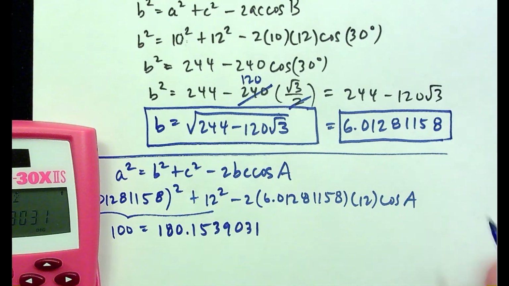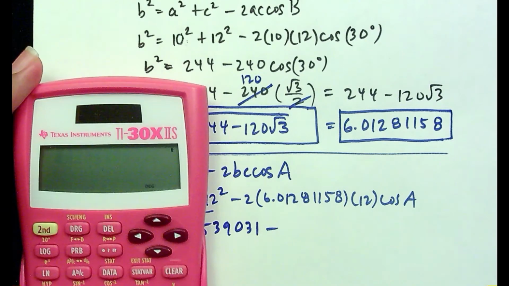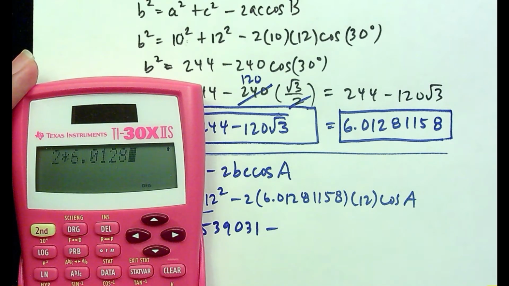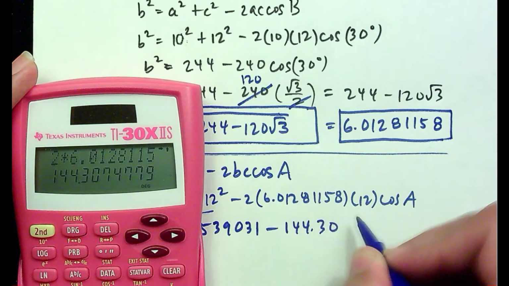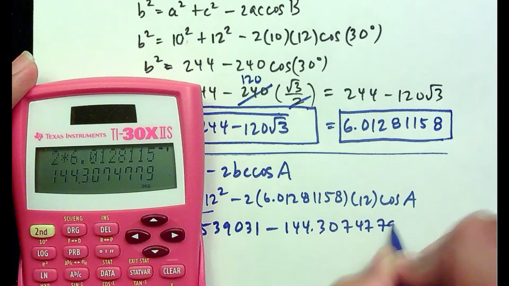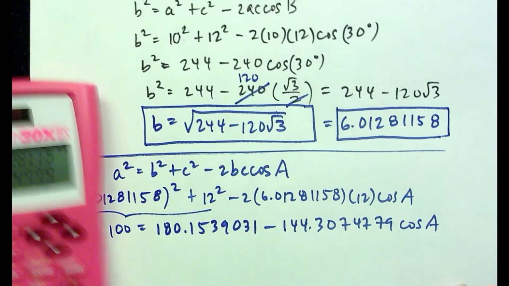180.1539031 minus, now let's do 2 times 6.0128 1158 times 12. This is 144 point, again, copy the whole thing. I know it's annoying, but we need all those decimals. We only round when we're done.